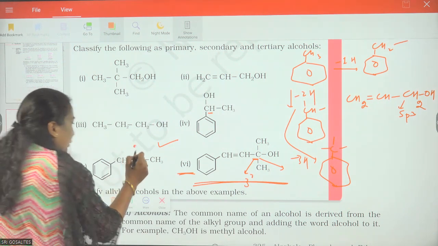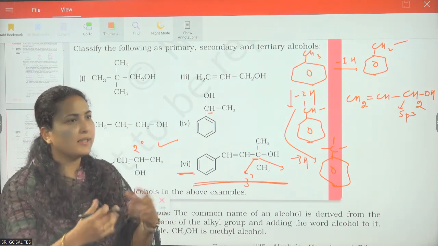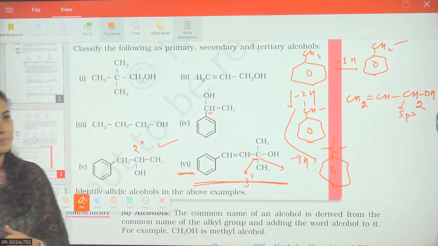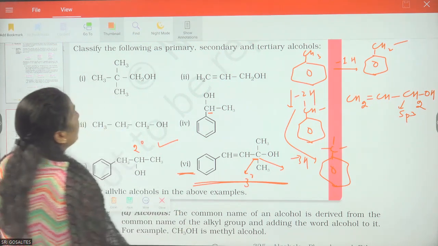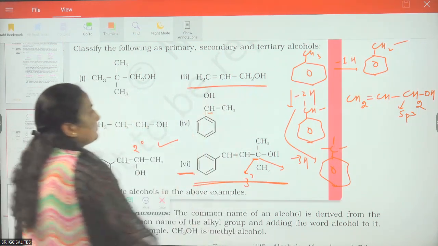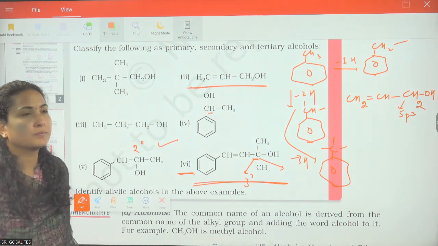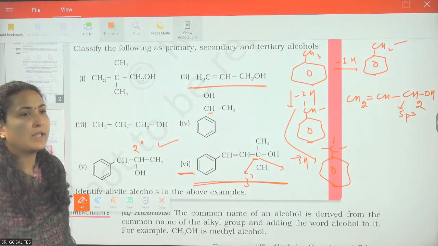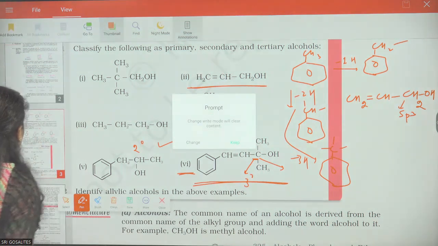Is it simply a 2 degree alcohol, or can I attach any kind of prefix here, allylic, benzylic? Can I add anything here? It is just secondary. Now, what about this? It is allylic and primary. Okay, very good. Now let us go further here.